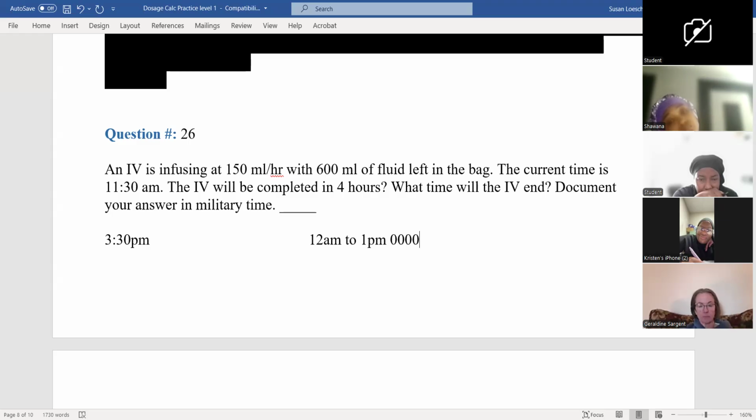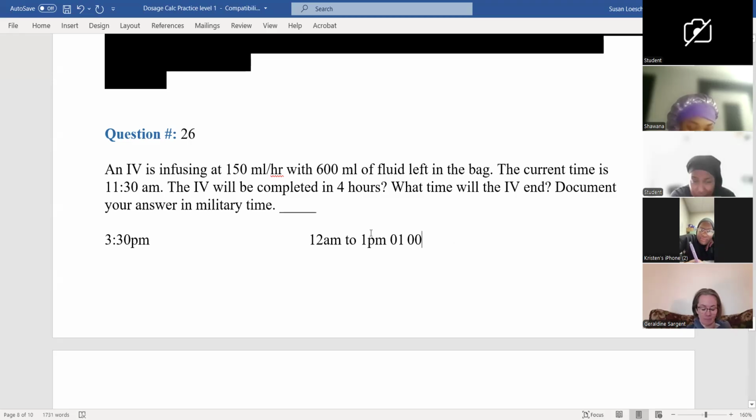And that's how it's written. 12:01 is going to be 0001. 1 a.m. is going to be 0100. And then 2 a.m. would be 0200. 2:30 would be 0230.